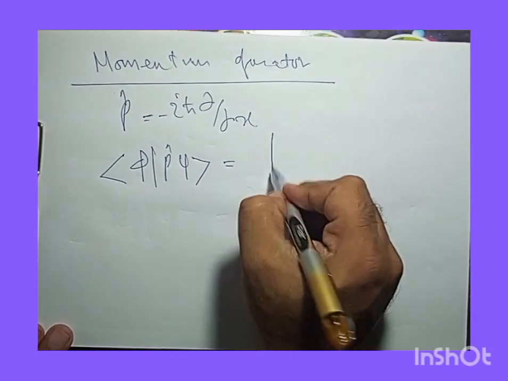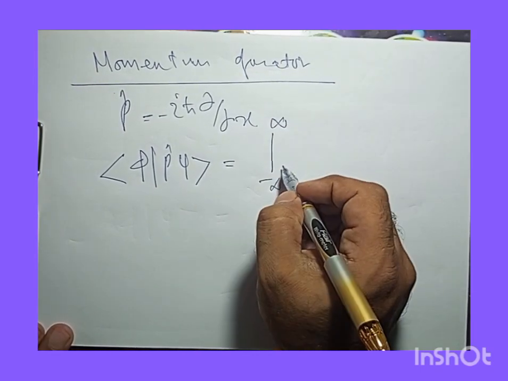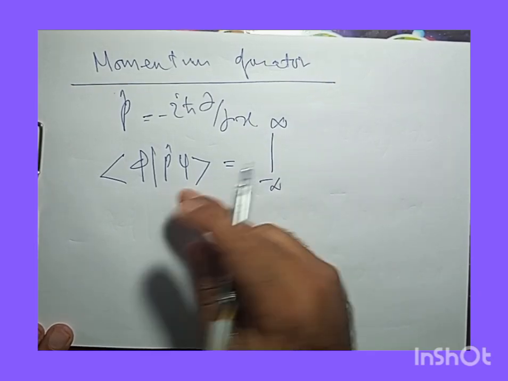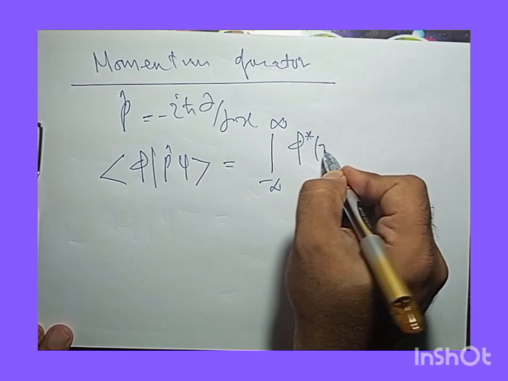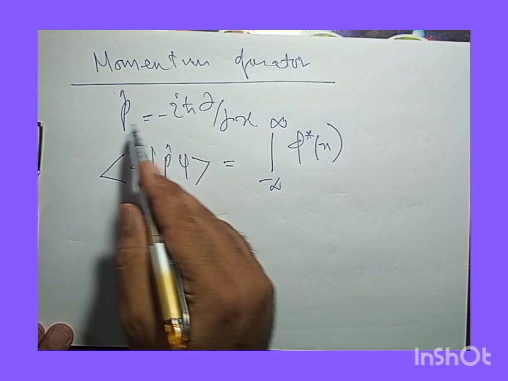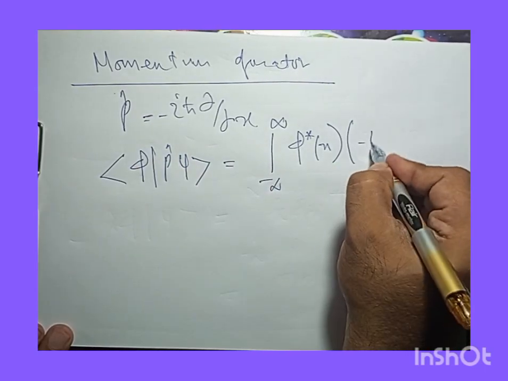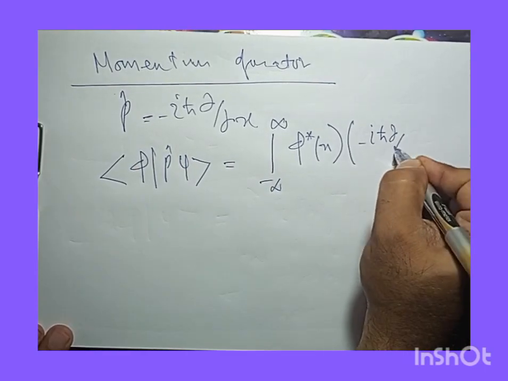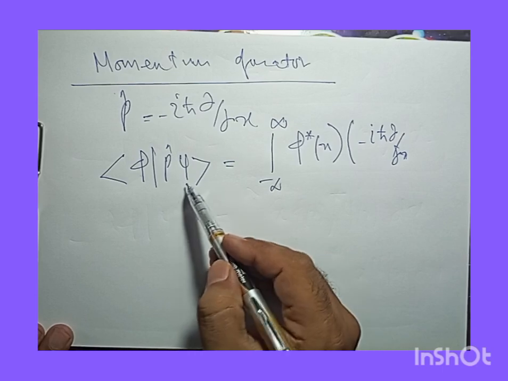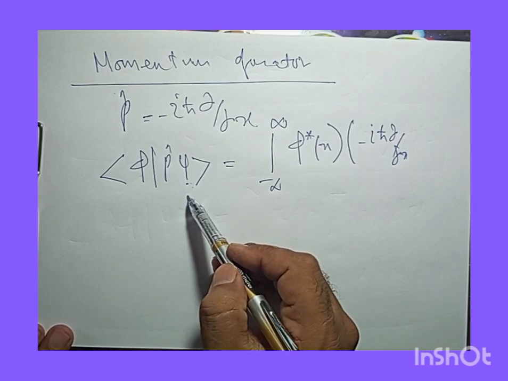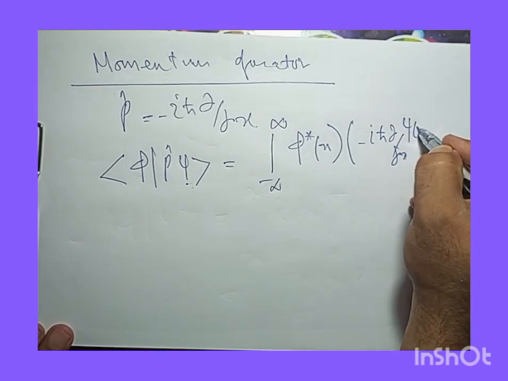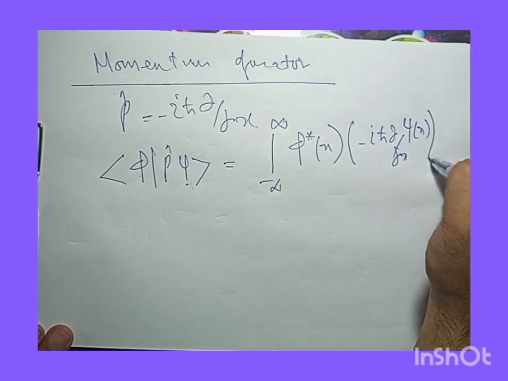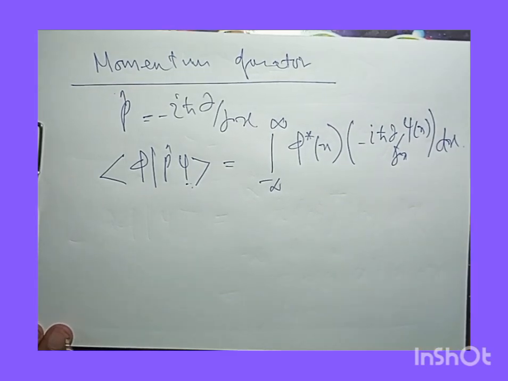I can write this as the integral from minus infinity to infinity, where for phi I have phi star of x, then p cap, for which I'll use minus i h cross dou by dou x, and then psi of x, and then dx.